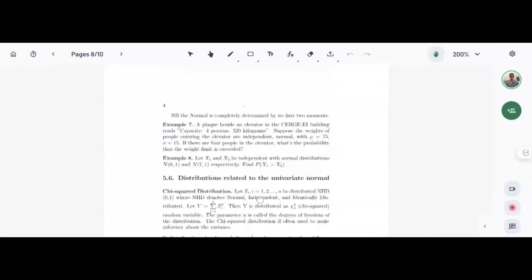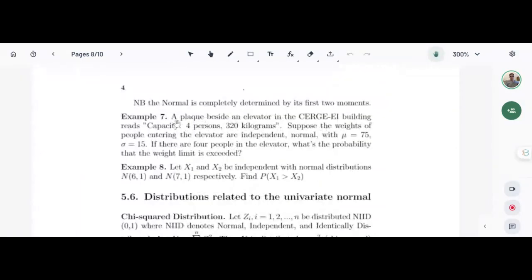Okay, example 7. We have a plaque beside an elevator in some building, and it states capacity 4 people and 320 kilograms. Suppose the weights of people entering the elevator are independent.